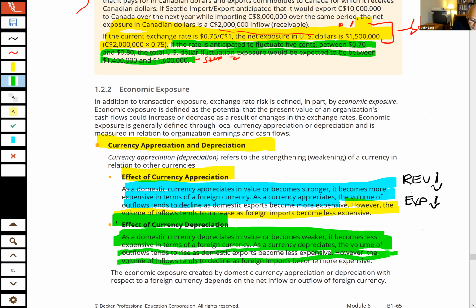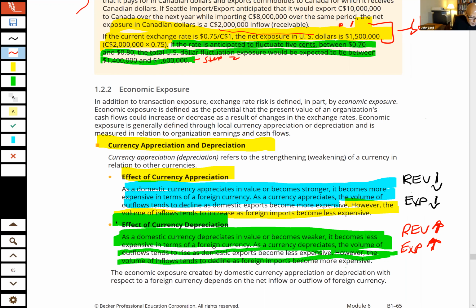So now we have a situation in which what? The revenue is going to be up and the expenses are also going to be up. When I say expenses, I really mean the cost of the goods, right?